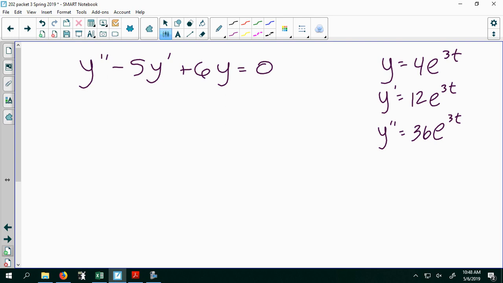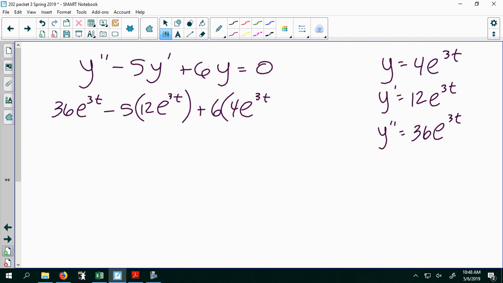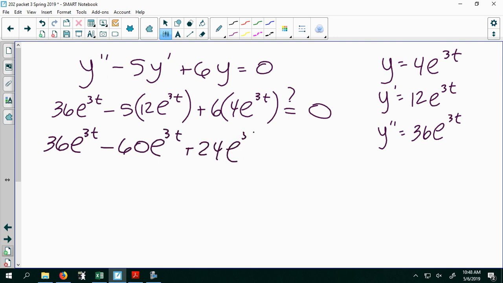All right, so y double prime, 36e to the 3t minus 5 times y prime, which is 12e to the 3t, plus 6 times y, which is 4e to the 3t. I want to know, does that equal 0? Does the left side equal the right side? So this is 36 e to the 3t minus 60 e to the 3t plus 24 e to the 3t.